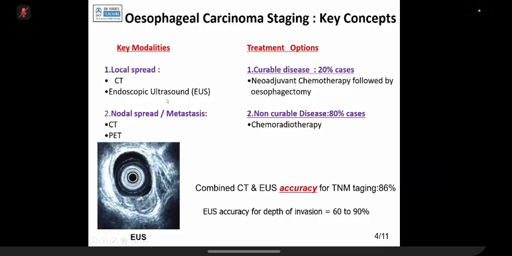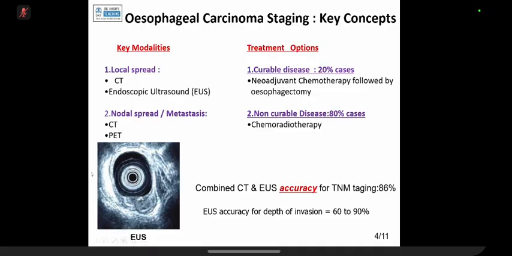And please remember this concept that EUS for local staging is much better than CT. This is an EUS because it can tell you whether it is a T1, T2, T3, etc. But for T4, CT is good enough. And our main aim there is to tell you T4. Because if I tell you T4, it's a game changer.